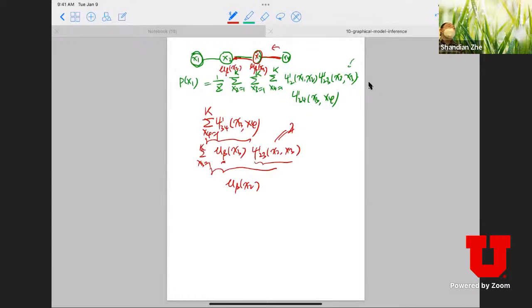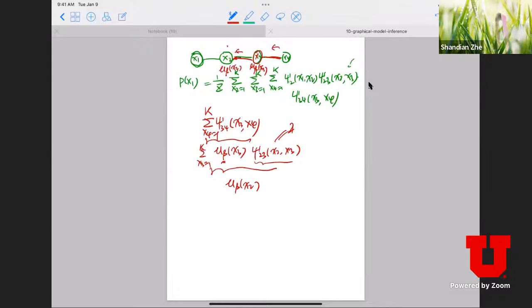You don't need to recalculate it. That's the benefit. If you calculate this mu beta of x2 function for all x2 values, you finally get mu beta of x2. Again, it aggregates the product of the potential functions from the rightmost node all the way up to x2. We define this as a message sent from x3 to x2.